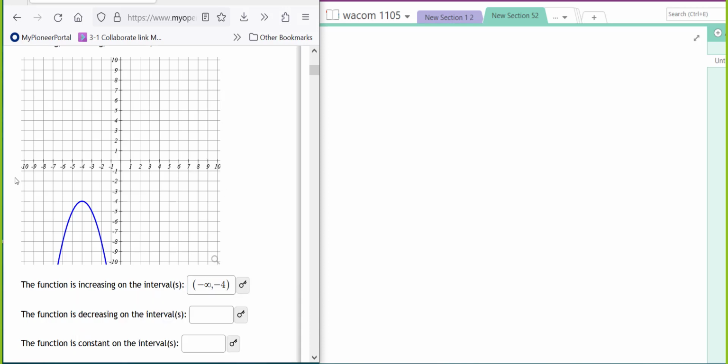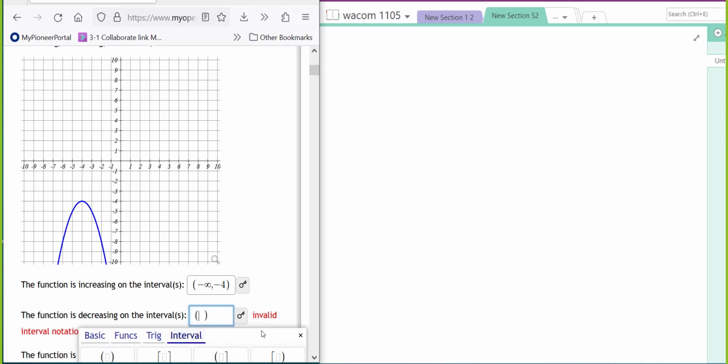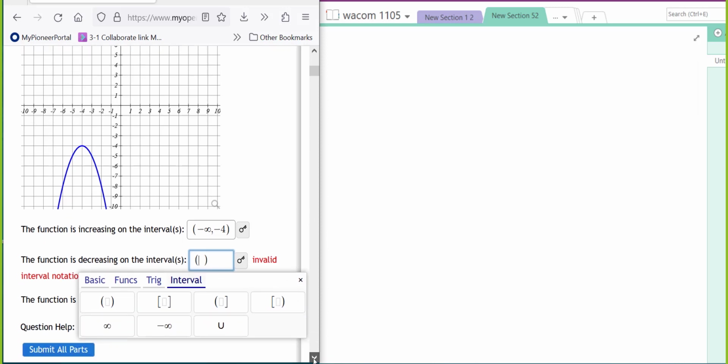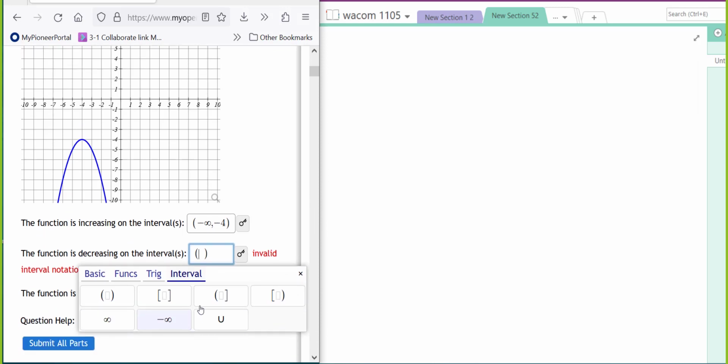Right? Decreasing, it starts decreasing at -4, and that goes to infinity. So -4, infinity.